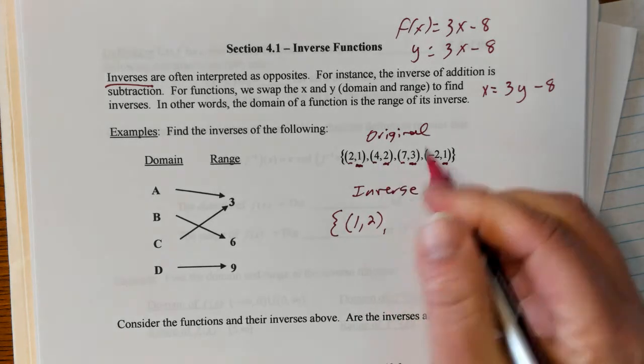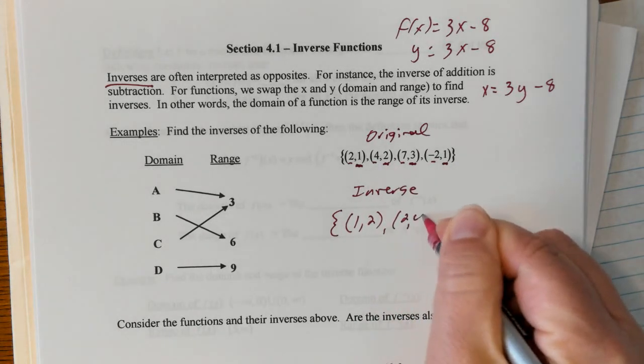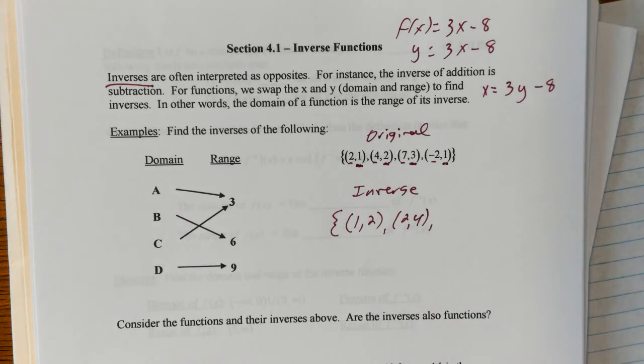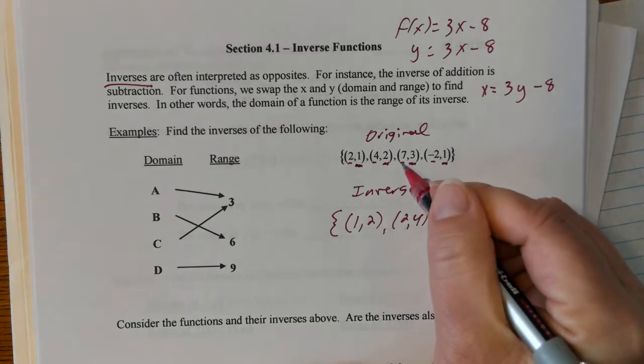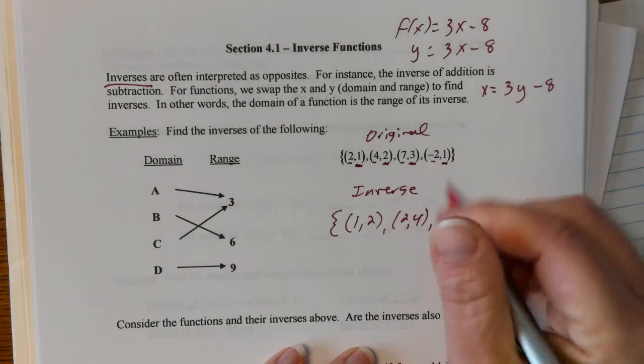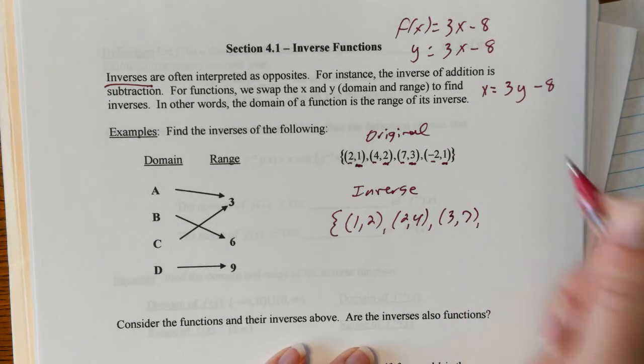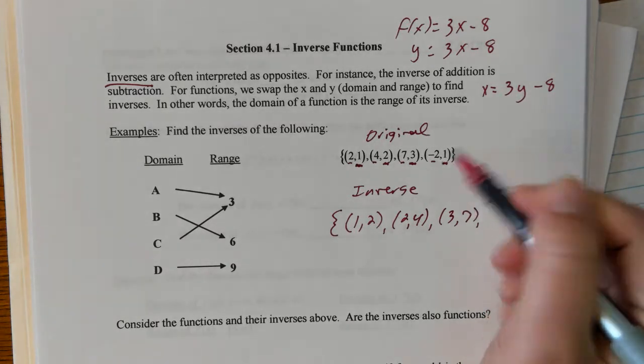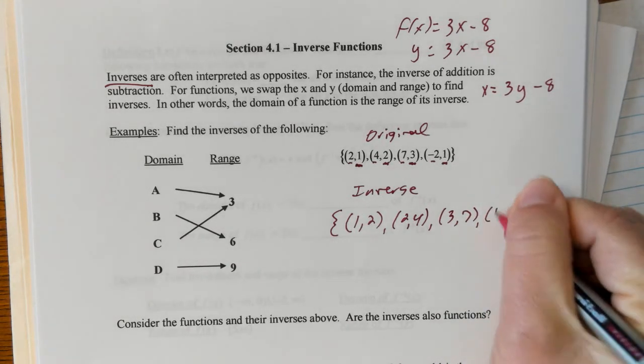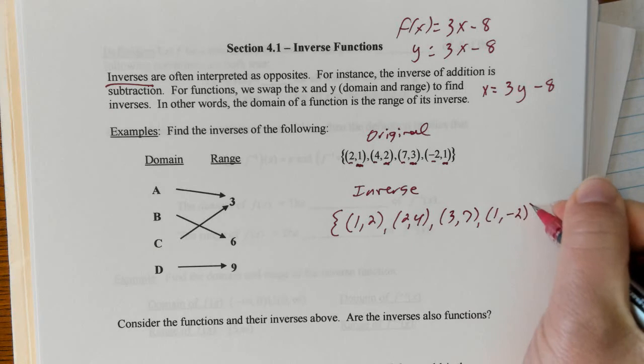The ordered pair that was 4, 2 will become 2, 4. We're trading the x and y, the domain and the range. The ordered pair that was 7, 3 in the original will become 3, 7 in the inverse. And the point negative 2, 1 in the original will be 1, negative 2 in the inverse.